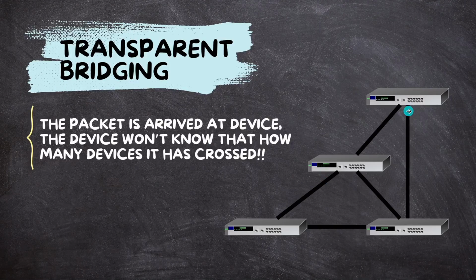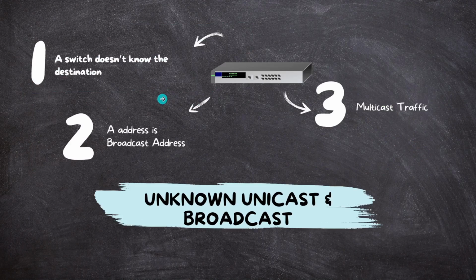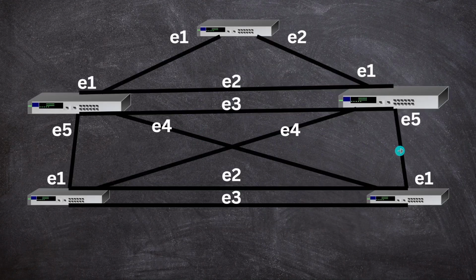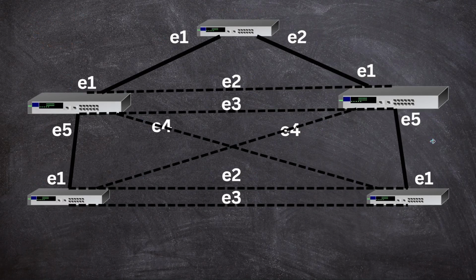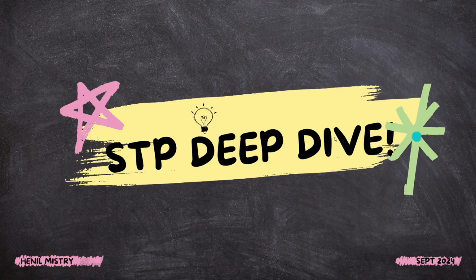Then we saw the events when the switch will broadcast the packet, and with a simple example, how STP works, what the terms and ports are, and how it blocks and does not block ports so that the topology will not contain a loop.